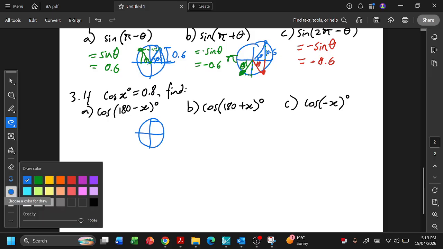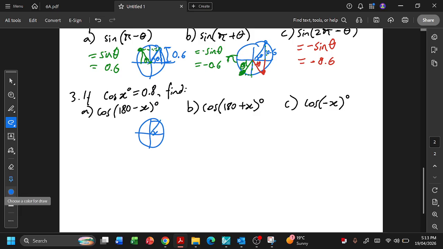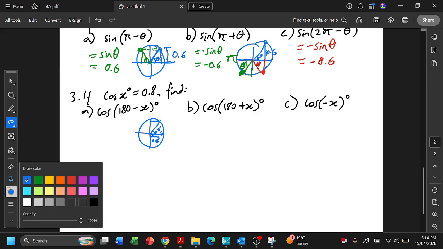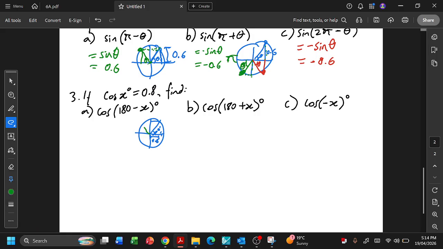So the information that's being given to us is that if this angle here is x degrees, then cosine, which is the x coordinate of a point, is equal to 0.8. So that's the distance from here to here. That's 0.8, the x coordinate of that point. So we're now considering a point that's in the second quadrant. So that's 180 minus x.